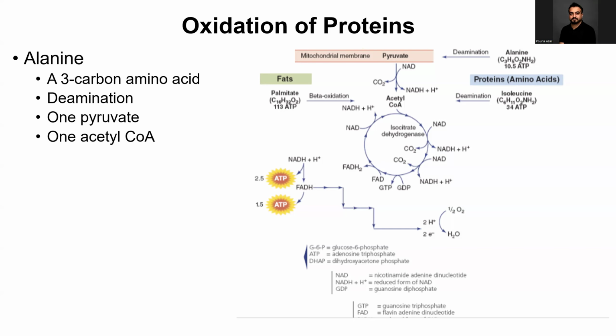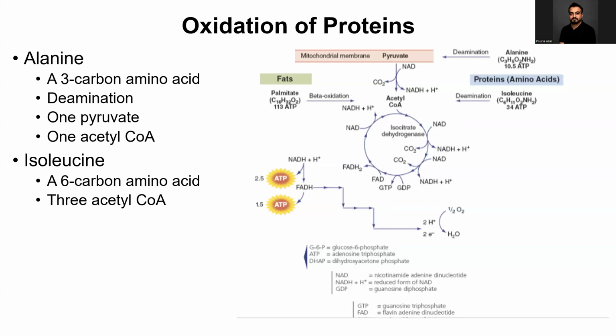Alanine is a three carbon amino acid. We deaminate the alanine. So after the deamination, the alanine can be converted to acetyl-CoA. It produces one pyruvate and one acetyl-CoA.